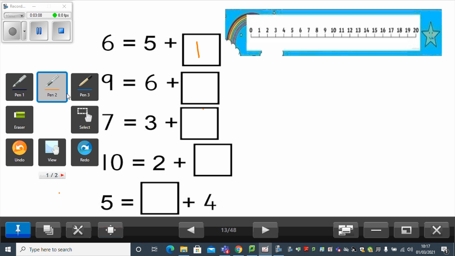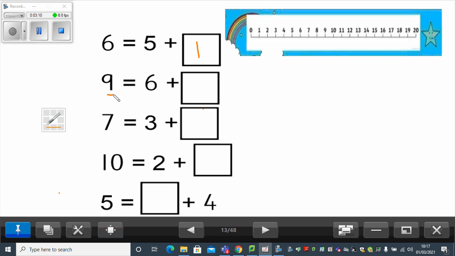Okay, let's clear that away and then we'll have a look at the others. So our next whole number is 9. So 9 equals 6 add what? So one of my parts is 6. So let's use that information and say that I know I'm starting from 6. My whole number, my answer, is 9. So that's where I need to end up on my number line. So I'm going to circle it and then we can count the jumps and that will give me the other part of my number equation.